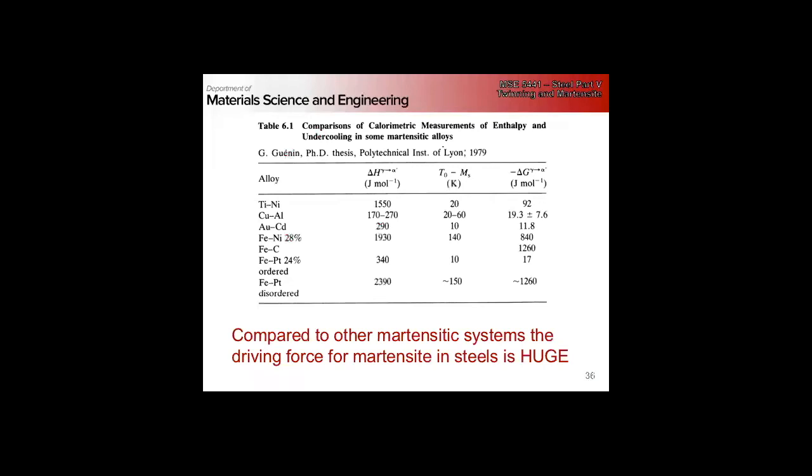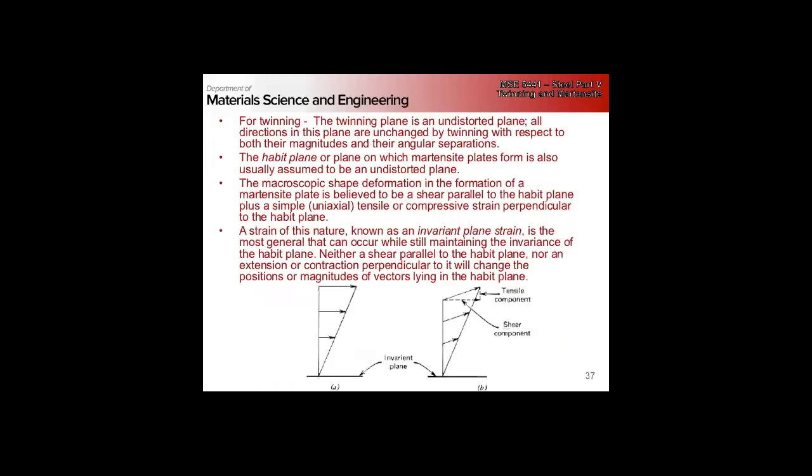And it's interesting that very few other systems that undergo martensitic transformations have the same change in free energy, same driving force as iron-carbon and iron-nickel. We talked about martensite.